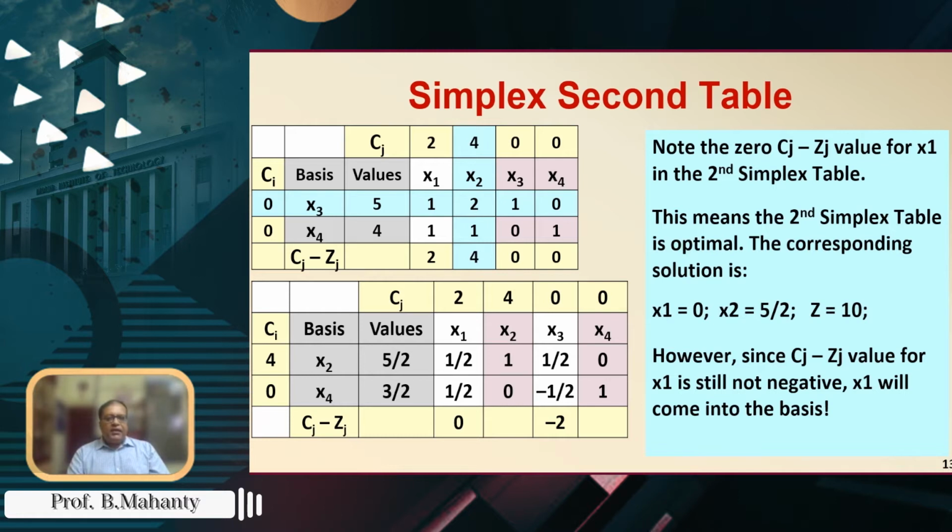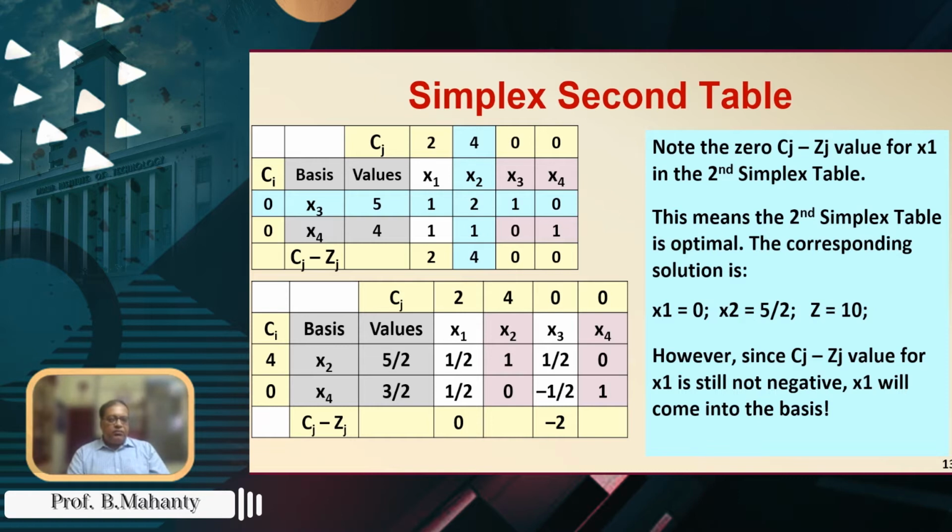But the very interesting thing is that all the Cj minus Zj's are not negative. There is a 0. That means alternate solutions exist. So how to know that there is an alternate solution coming up? There will be a 0 value in the Cj minus Zj. So if we get an optimal solution, but there is a 0 value in the Cj minus Zj row of the optimal table, then we know that an alternate solution exists.